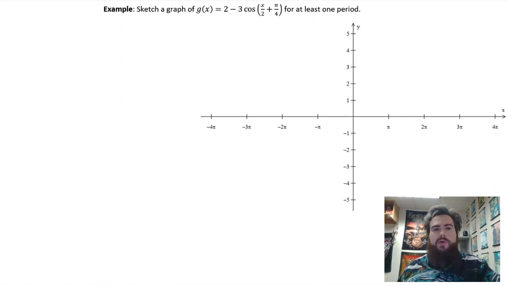For this example, we're going to sketch a graph of g of x equals 2 minus 3 times cosine of the quantity x over 2 plus pi over 4 for at least one period.